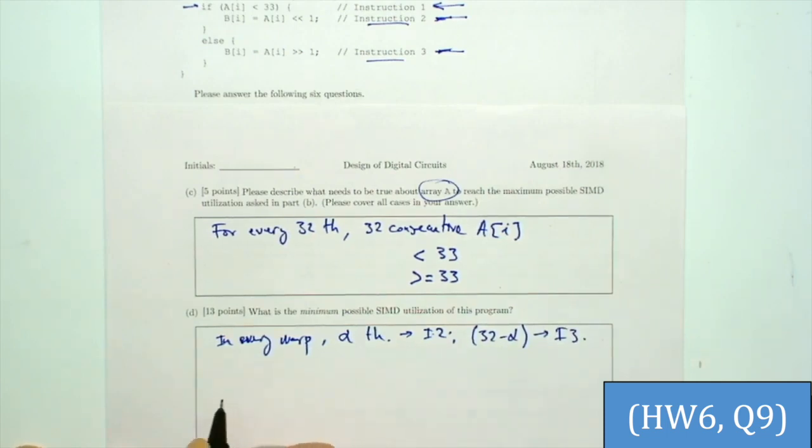So the way that we can calculate the SIMD utilization is by going instruction by instruction and warp by warp and thinking what is happening there.